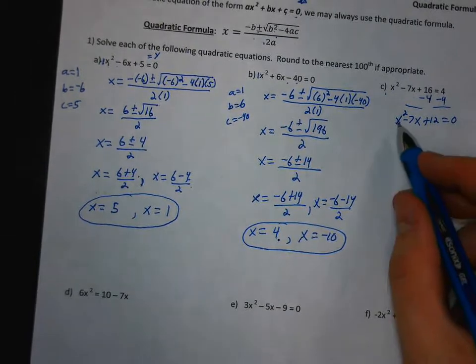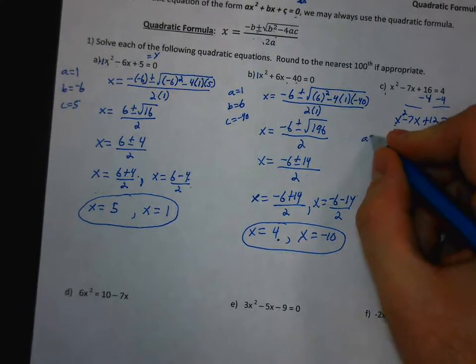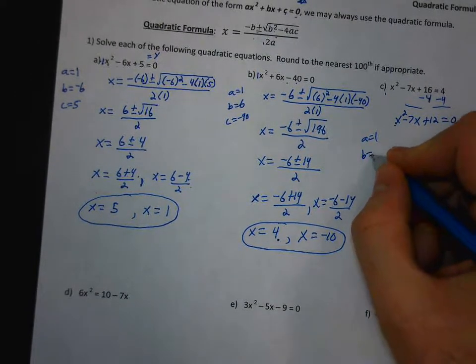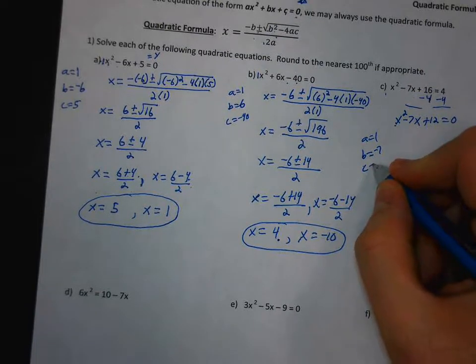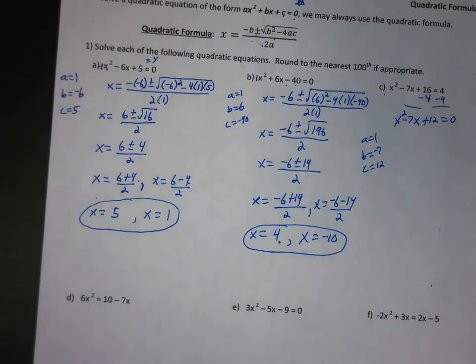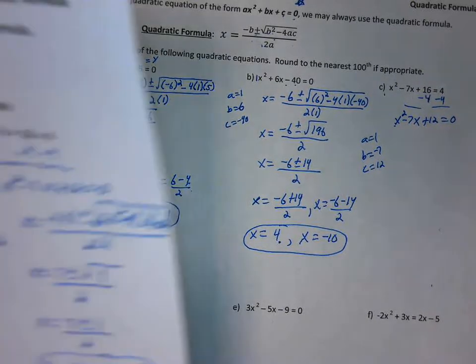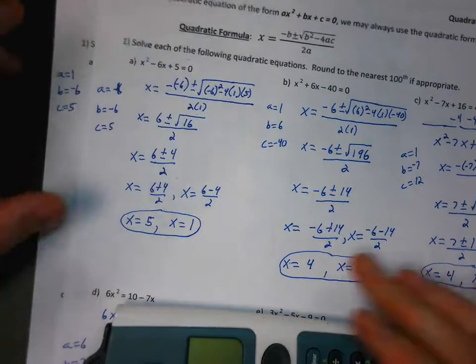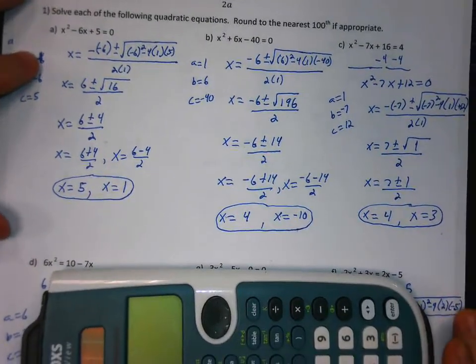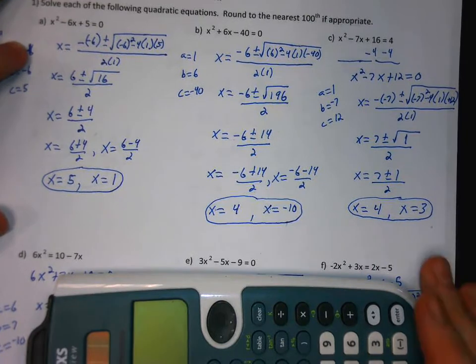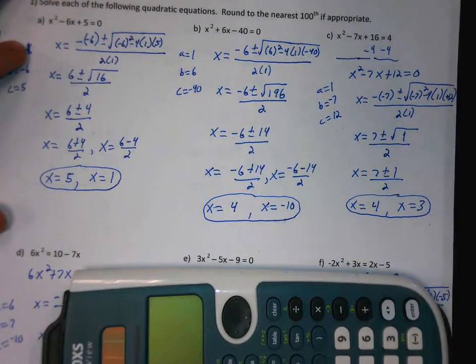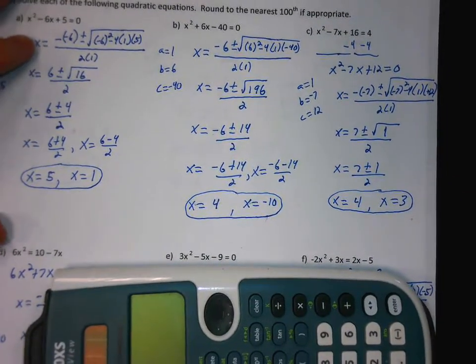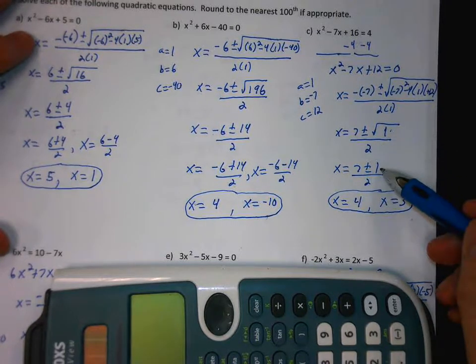And then a is 1, b is negative 7, and c is positive 12. For the sake of time, if you go through and substitute those in, this one we get a 1 inside of the square root, and the square root of 1 is just 1.